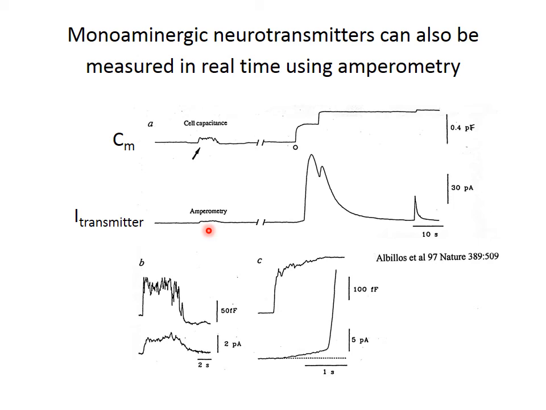You can see a small change in the current when the charged neurotransmitters are released and are sensed by the carbon fiber, and a much larger amplitude of release when the vesicles fully fuse. All right, so what about the timing?